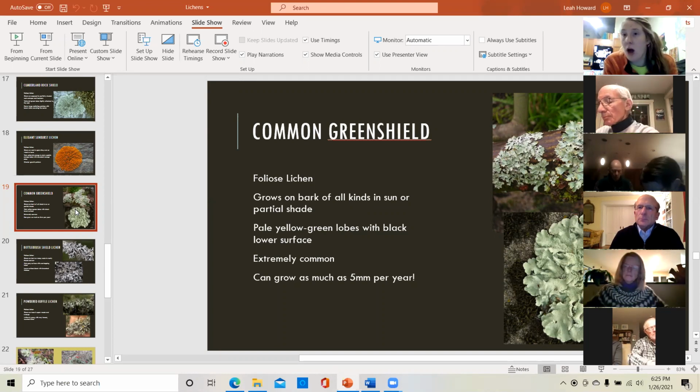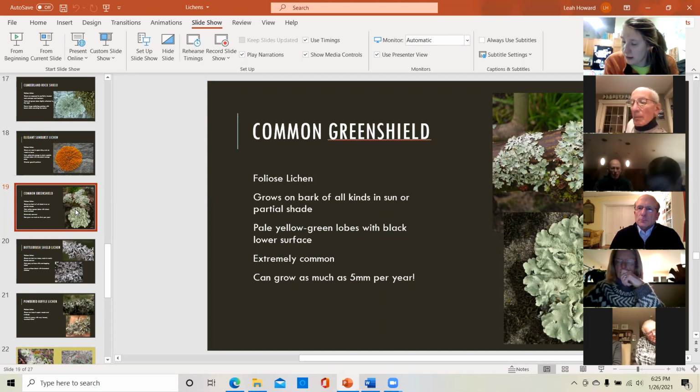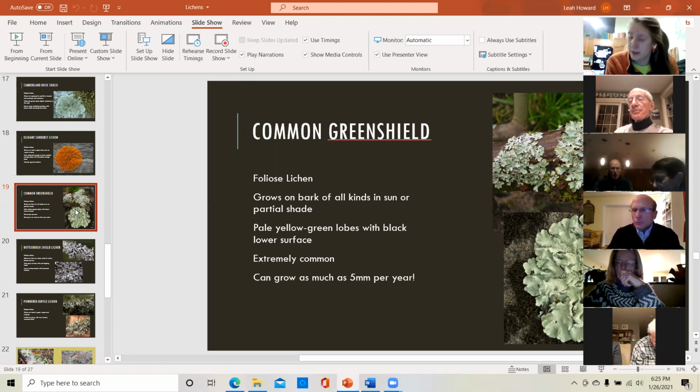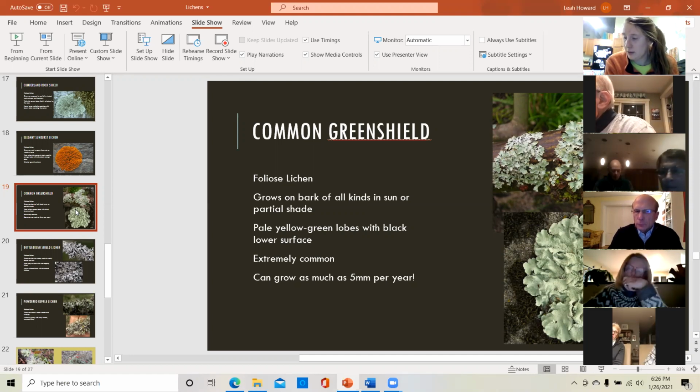So this one looks a lot like the green shield lichens that you see growing on trees and on rocks, but this one grows on cedars and pines. It doesn't grow on hardwoods. We may have it, we may not.